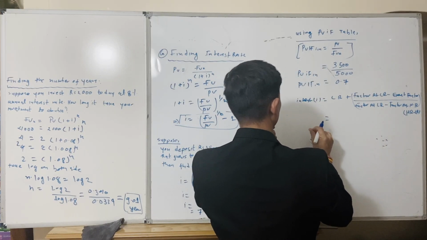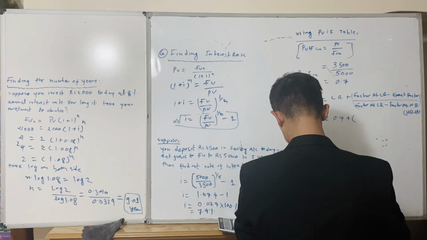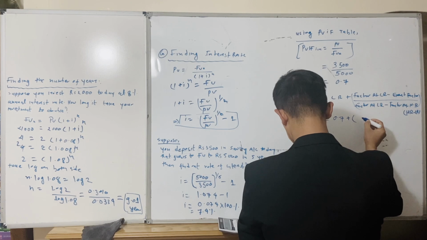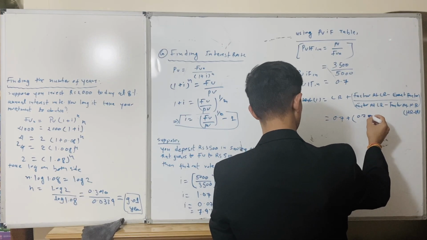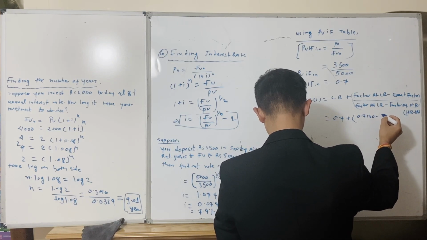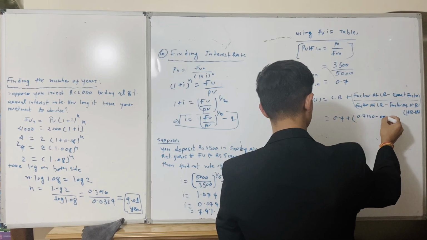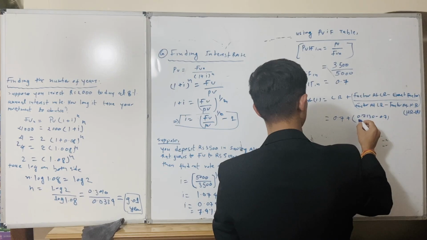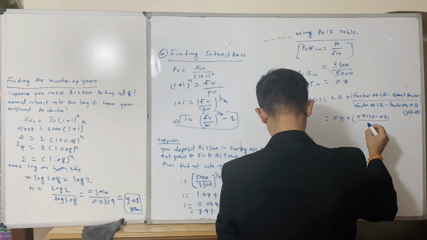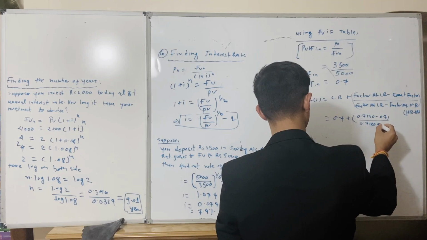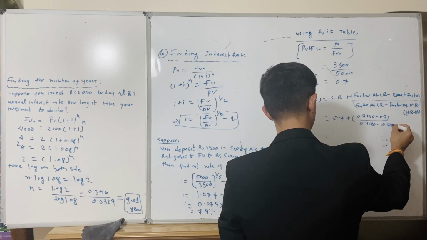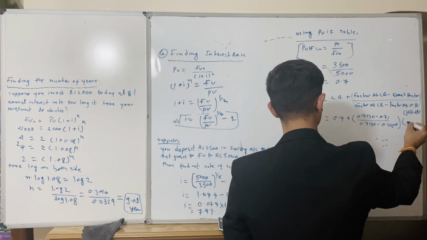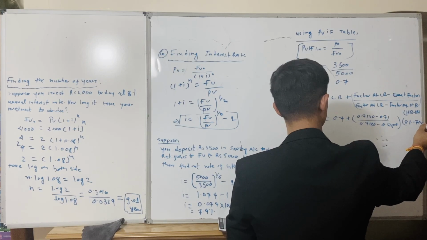In the calculator, the factor at the lower rate is 0.7130, minus the exact factor, which is 0.7, divided by the factor at the lower rate 0.713 minus the factor at the higher rate, 0.6806. The higher rate is 8%, the lower rate is 7%.